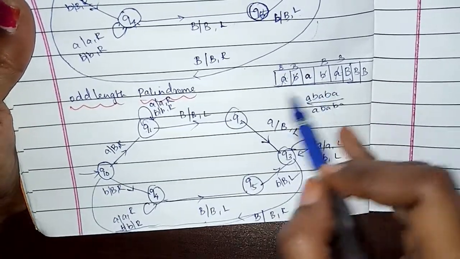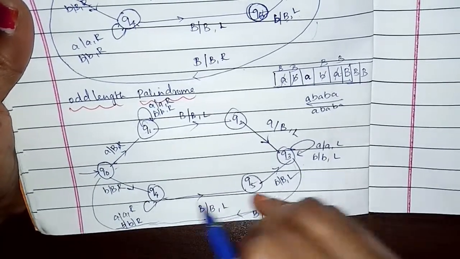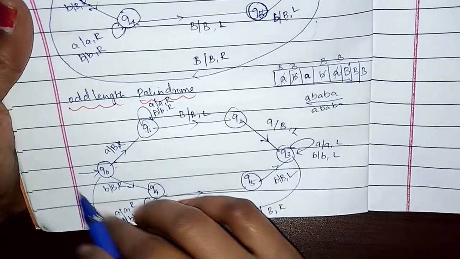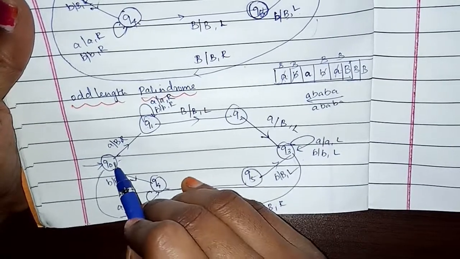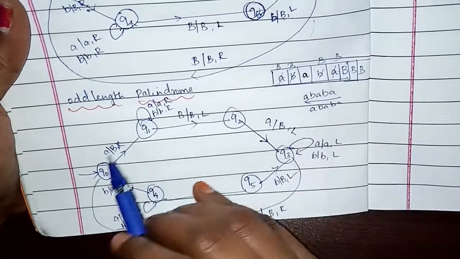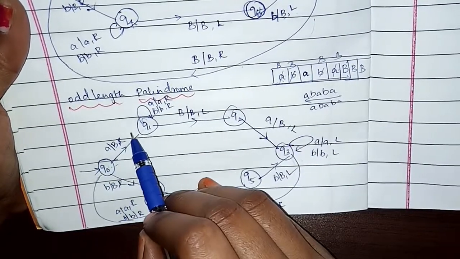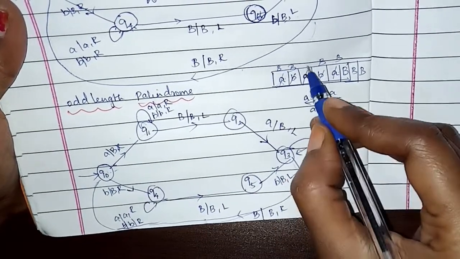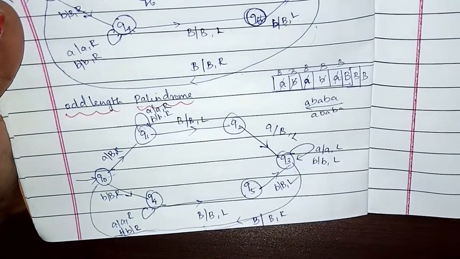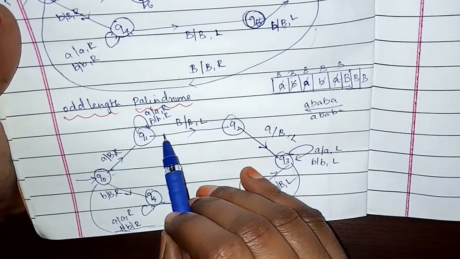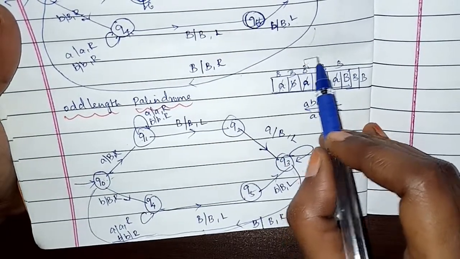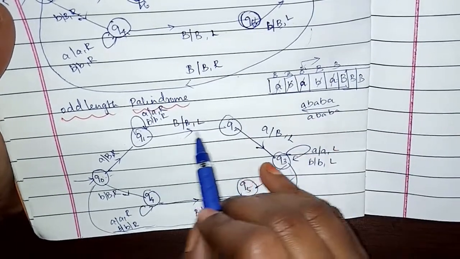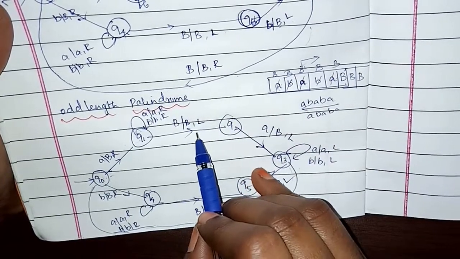For B and B, you have to get cancelled in this direction, and again you are coming back to this position for cancelling A, right? So when you have this A, it is getting cancelled and changed to B. After that we'll go to the right direction, and we'll have blank and blank symbol only.